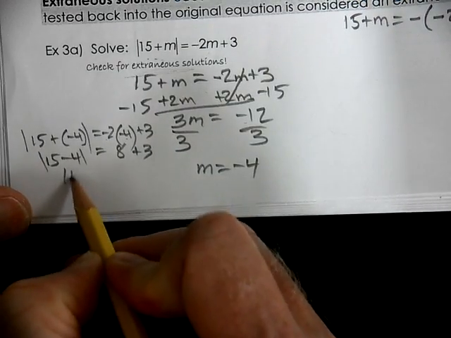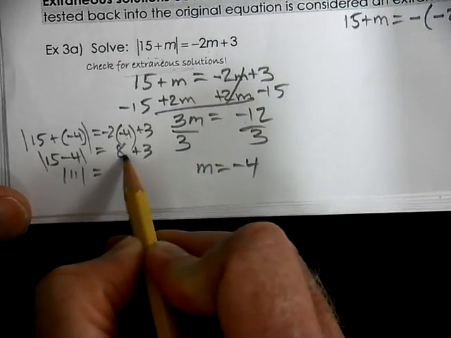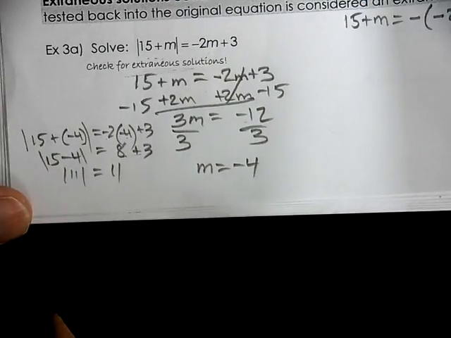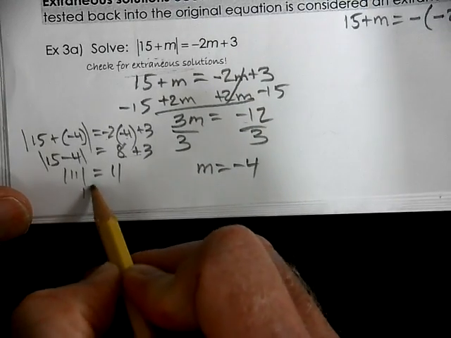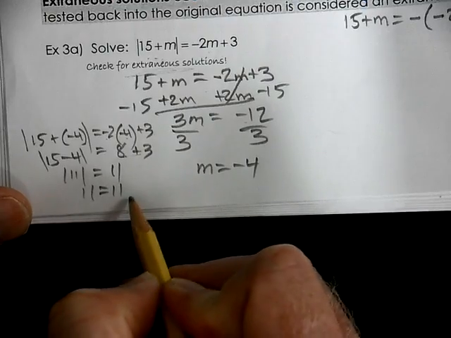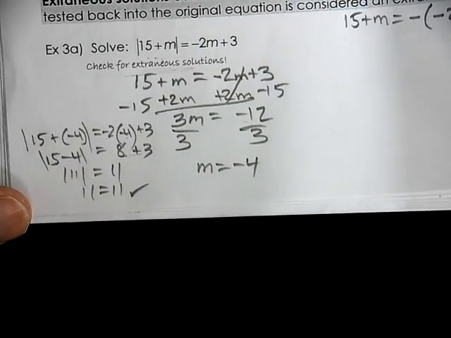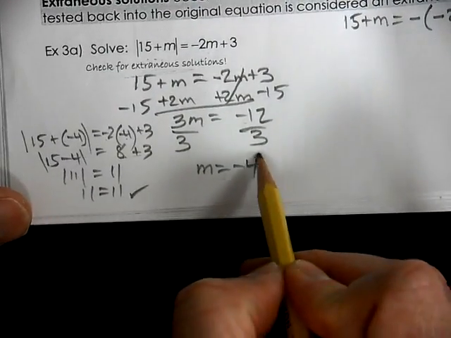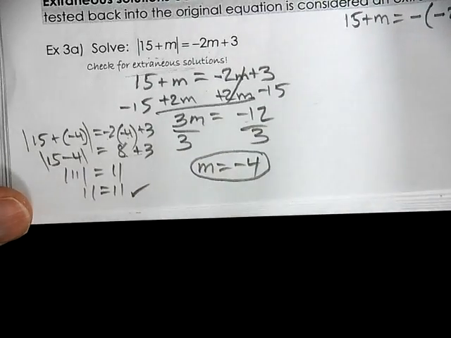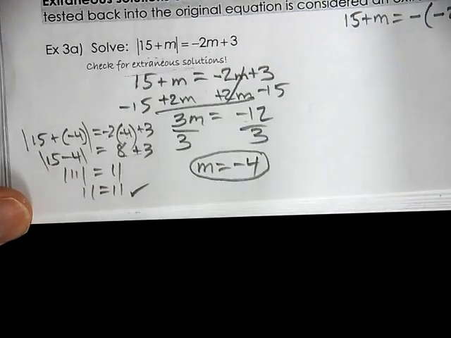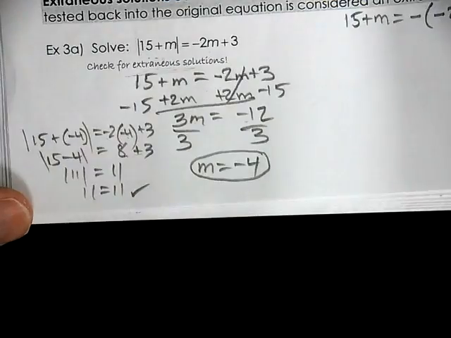This becomes the absolute value of 11 equals 8 plus 3, which is 11. And hey, that works. Absolute value of 11 is 11. So check. That worked out perfect. So this is actually a solution. We can circle it. You checked it. You verified that it worked.